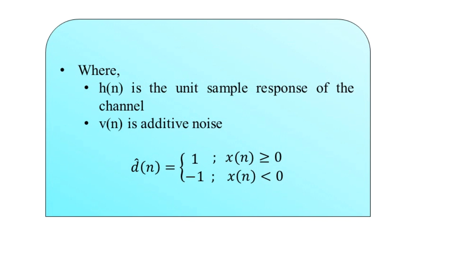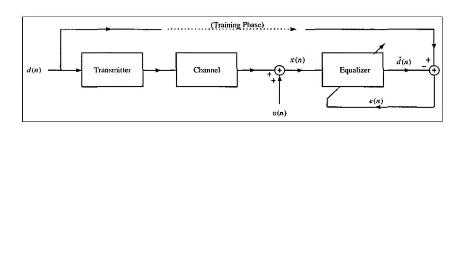So let us visualize a simplified block diagram of the digital communication system that we have just discussed. Here is the transmitter section on the left hand side, then the communication channel through which the signal is transmitted to the receiving section, where we have shown the equalizer block.